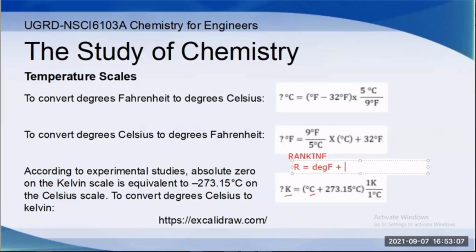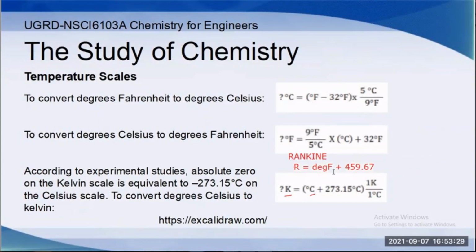I'm not sure of the value. I think it's 459.67. There's a chance that it's wrong, so please double check. Yeah, 459.67. So that is for that conversion to Rankine.